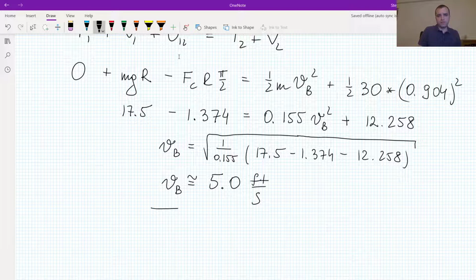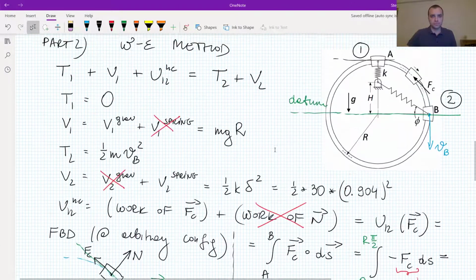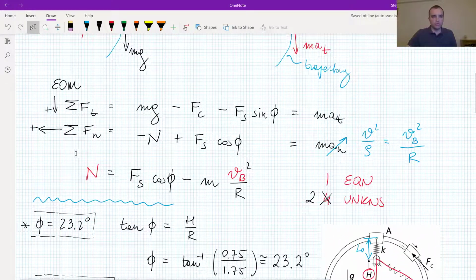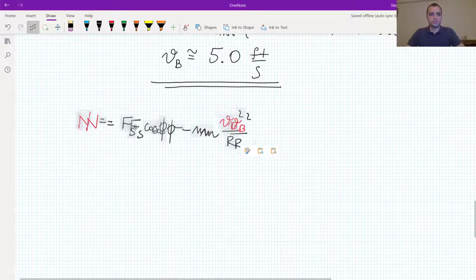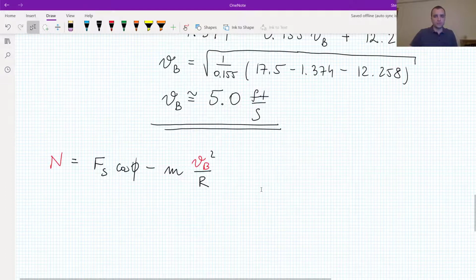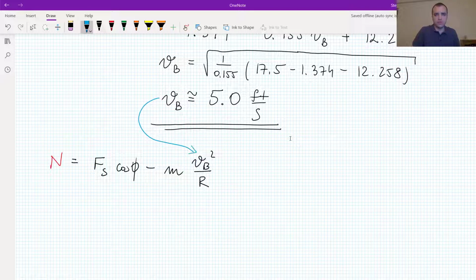Okay, great. We found the velocity at point B. Let me now go back to part number 1, because this is the equation we left there. There was one equation and 2 unknowns. However, right now we found the second unknown, so our VB is all of a sudden known. Sorry for that, our VB should be plugged in here.